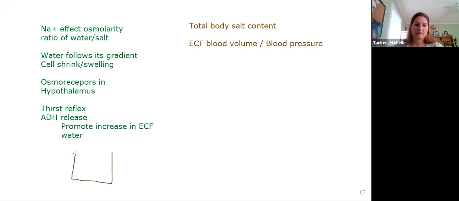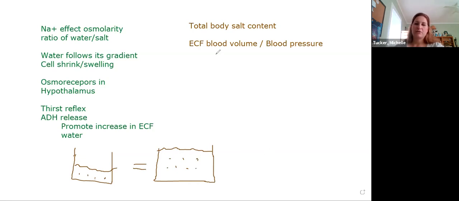So we get a carton, we open it, it's half full, but the concentration, the number of chocolate chips in the vanilla ice cream, is the same as if you open up a carton that is completely full. So the ratio of chocolate chips to vanilla ice cream is the same. So these have the same osmolarity.